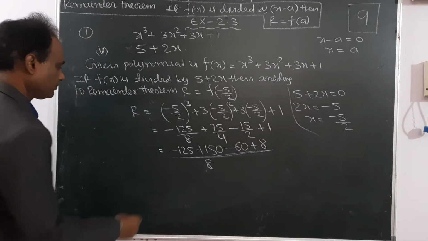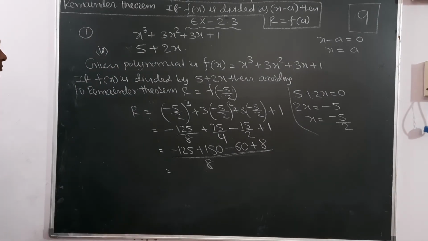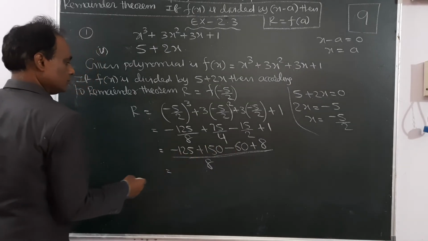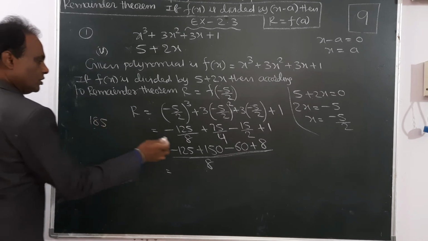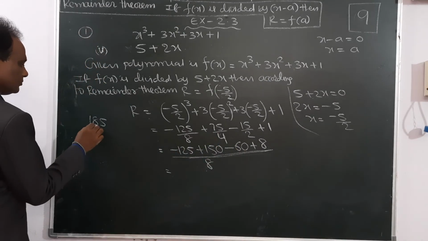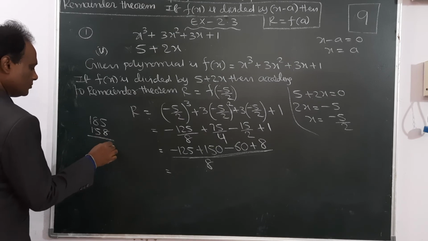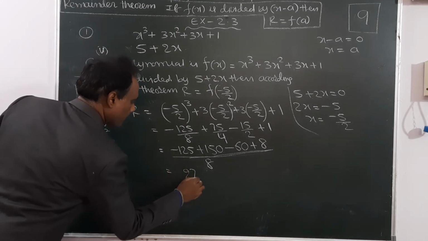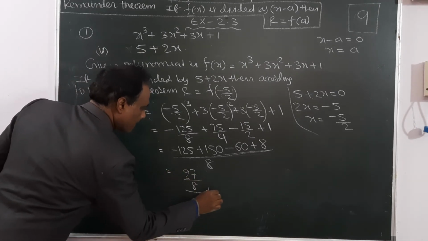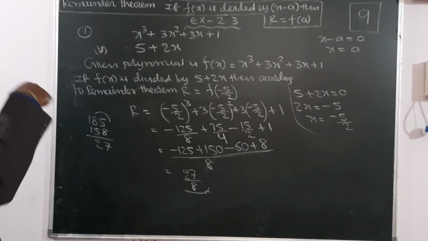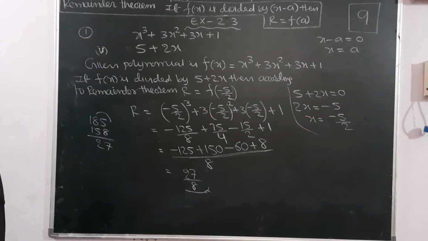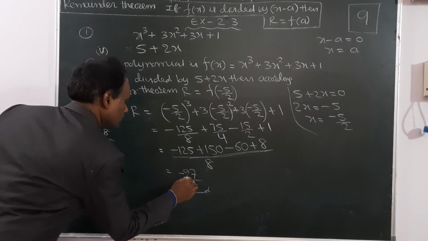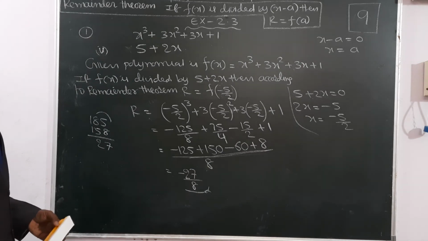Simplify this. 125, 60, 185. Write down.